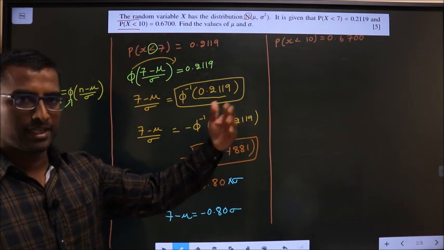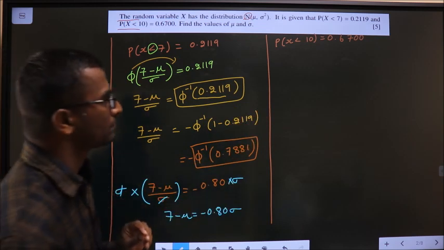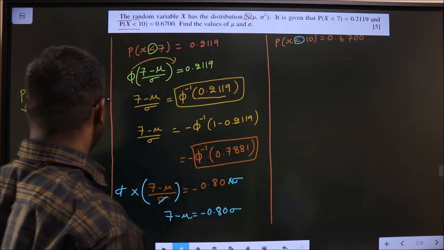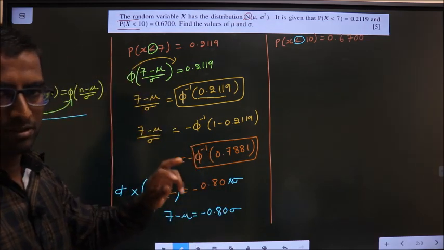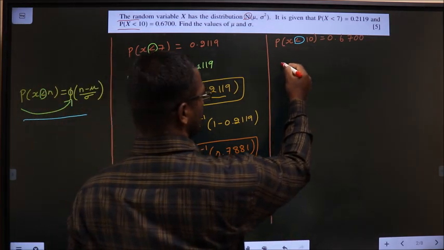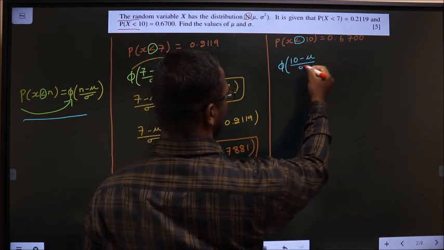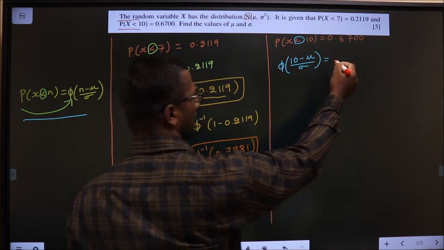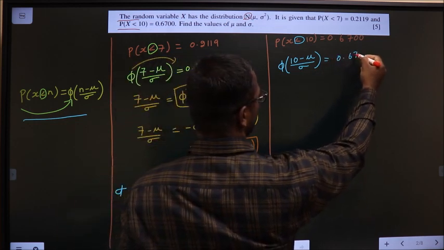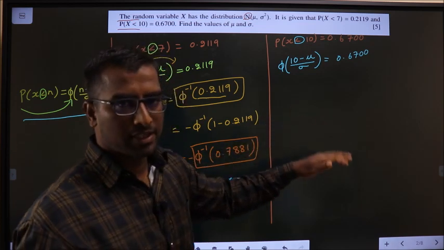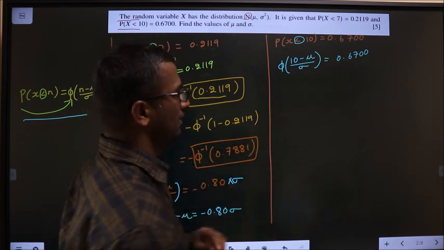Now let us simplify the other equation. Here also the symbol is less than, so P will change to phi. So this is phi of (10 minus mean) by standard deviation, which we don't know, equal to 0.6700. Now, to simplify it further, shift phi to the other side.